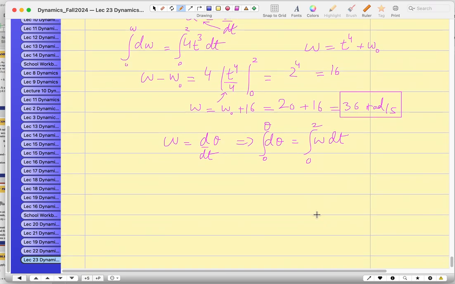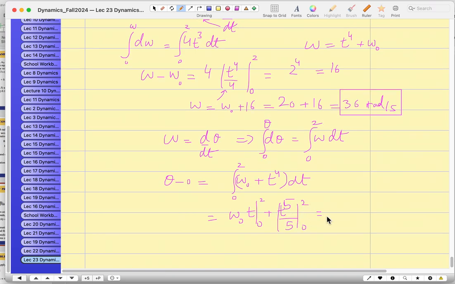So I can write here, the left hand side is theta minus 0, and the right hand side is the integral of omega naught plus t to the 4, which gives omega naught t plus t to the 5 over 5, and plug in 2 and 0.